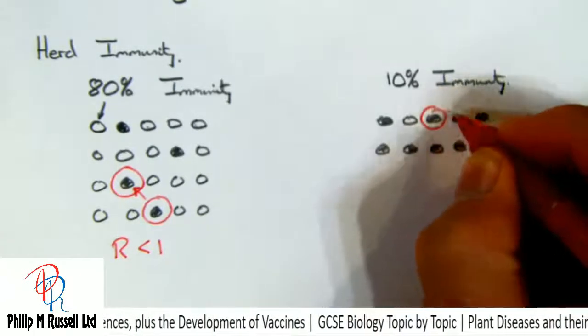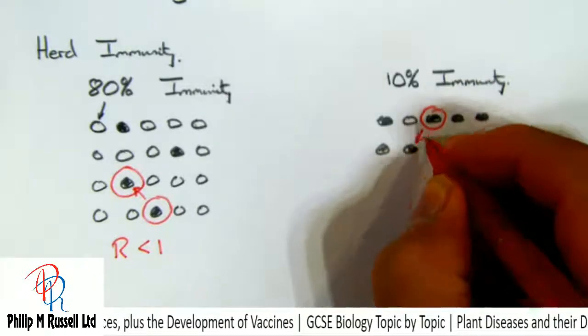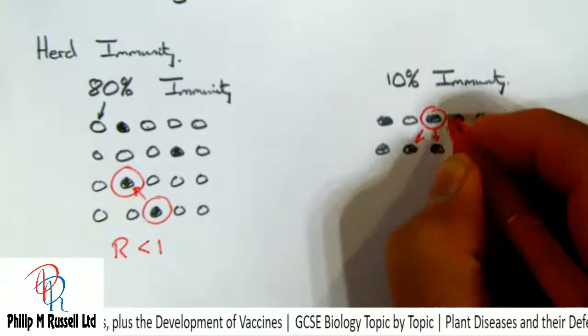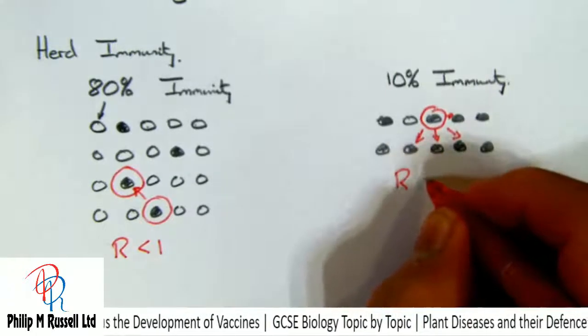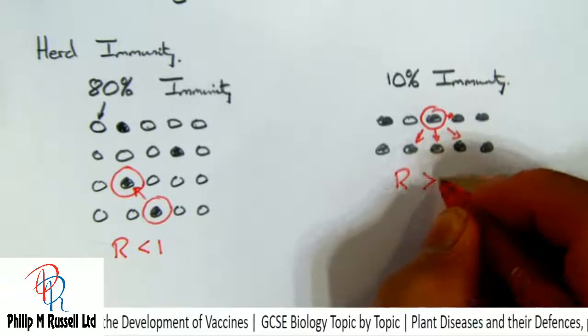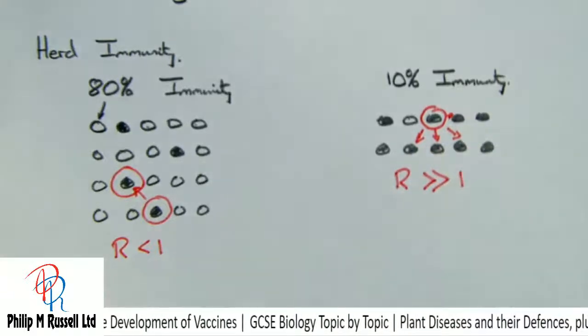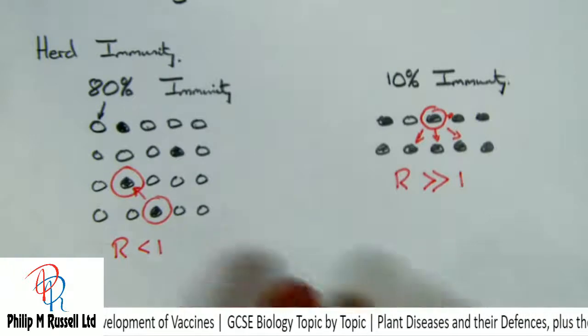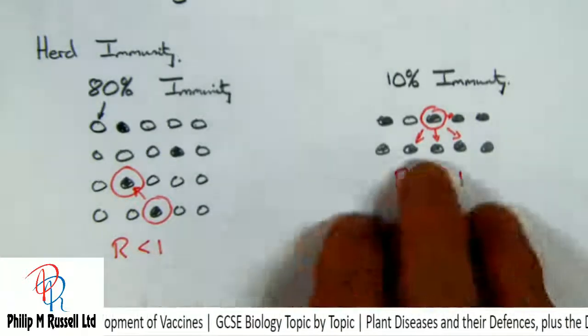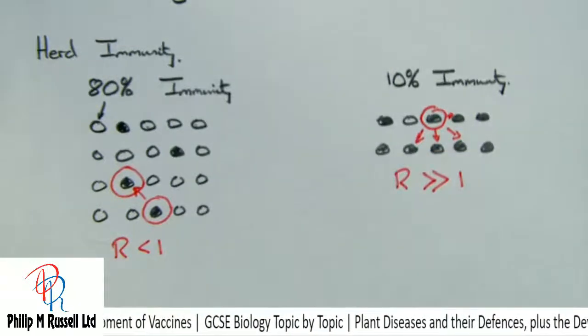So if this person gets the virus, then easily they could spread it onto here, which could give me an R of probably much greater than 1. So how can we help this?